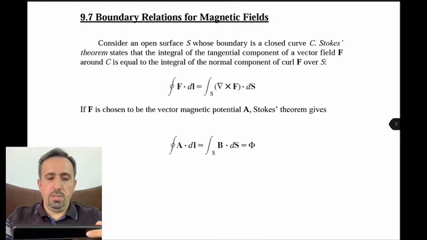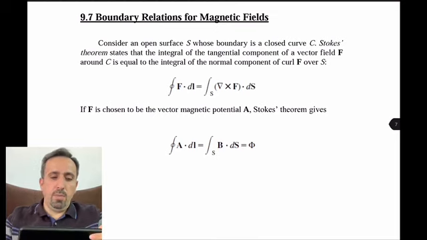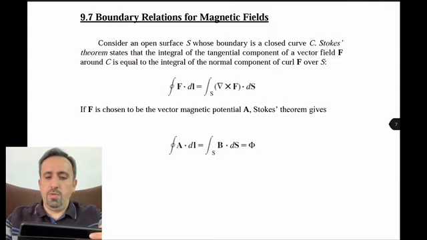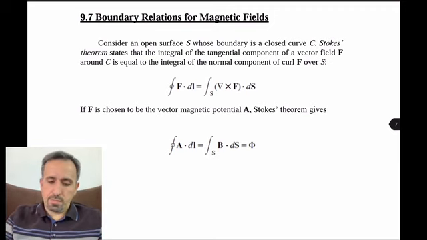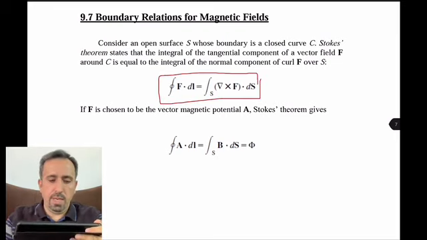In this section, consider an open surface S whose boundary is a closed curve C. Stokes' theorem states that the integral of the tangential component of a vector field F around C is equal to the integral of the normal component of curl F over S. Or you can say it follows this formula, if F is chosen to be the vector magnetic potential A.